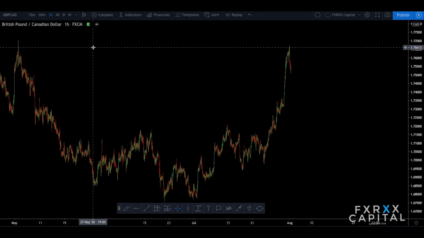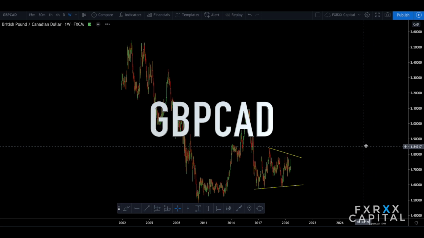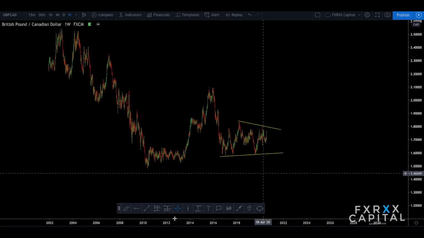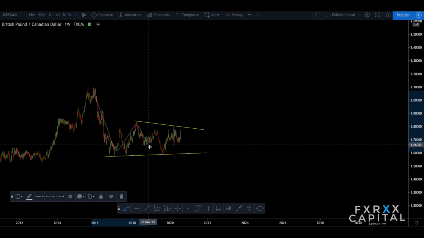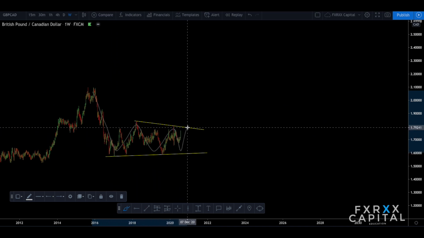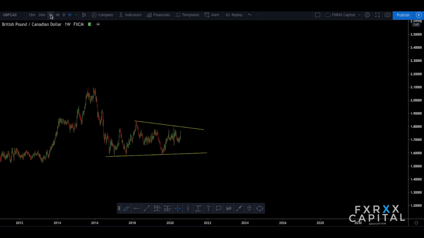The last pair is pound Canadian dollar. In this pair, price already moved downward, created one correction, and we expect price to pull back from here. Continuation pattern.